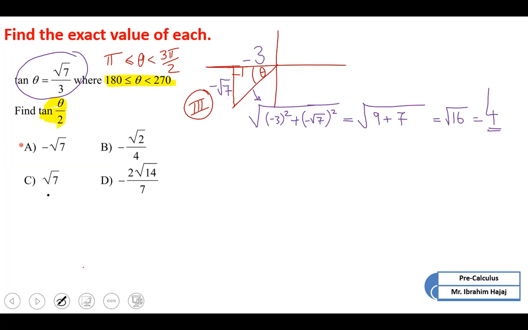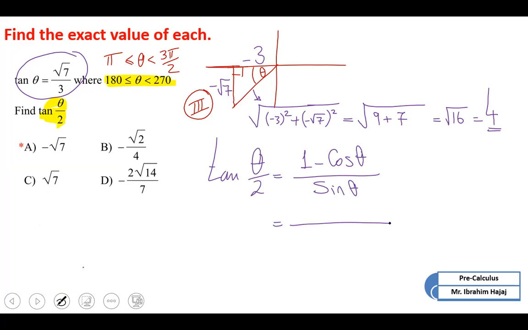And to find tan theta over 2, we use the half angle identity: tan theta over 2 is equal to 1 minus cosine theta over sine theta. We should find cosine first and sine.